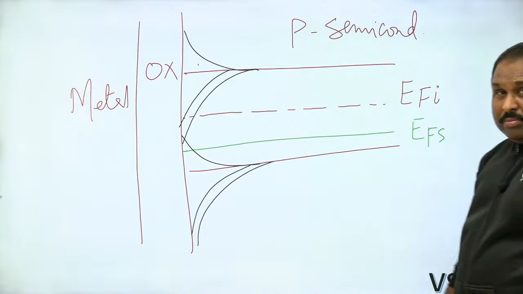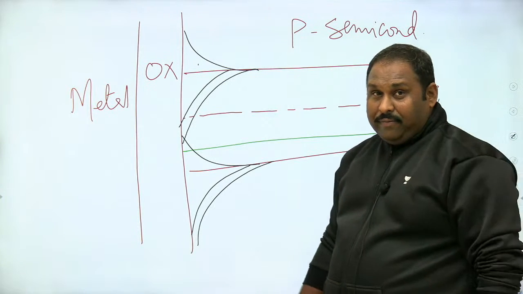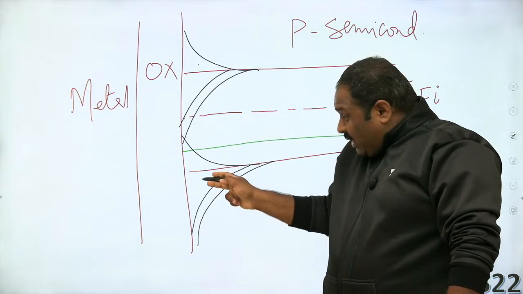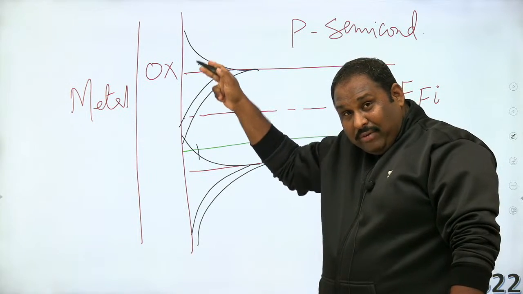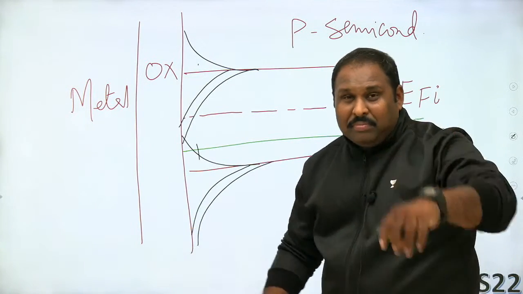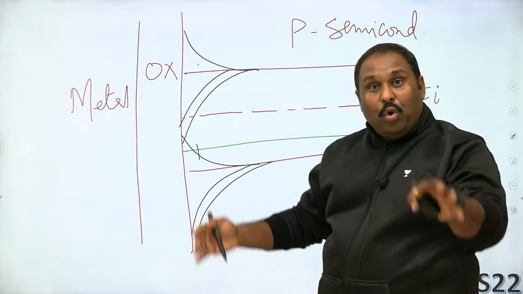So in energy band diagrams, you should always identify whether it is a P or N substrate, and whether your levels are shifting up or shifting down. They shift down if electrons come, and they shift up if holes are coming.